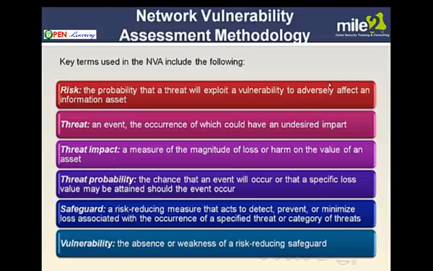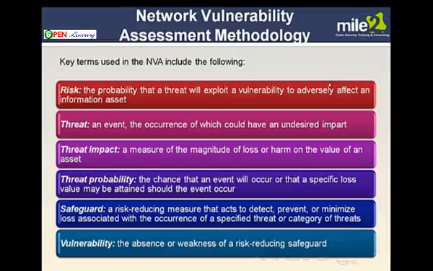Network vulnerability assessment methodology. Here are some definitions or key terms. Risk. Probability that a threat will exploit the vulnerability to adversely affect what you have, your assets. Threats, this could be an event, the occurrence of which could have an undesired impact. Threat impact, where you measure the magnitude of the loss or harm because of what has just happened.